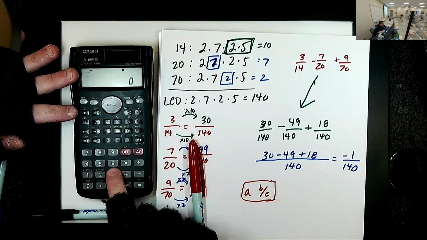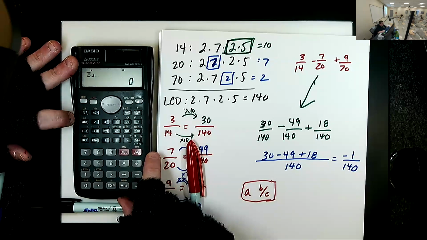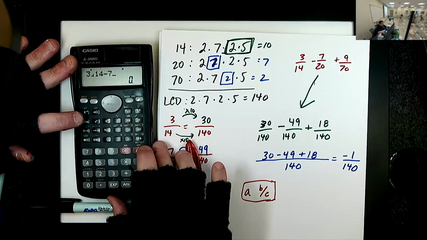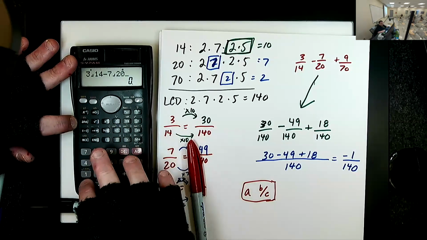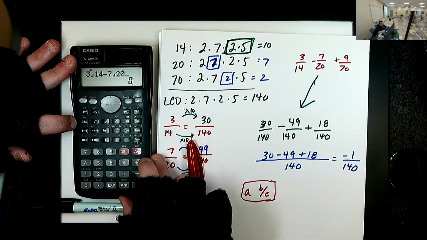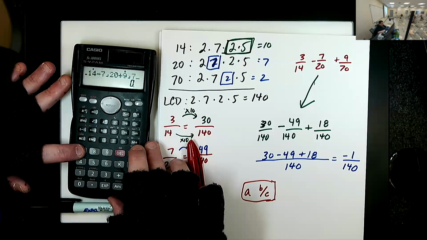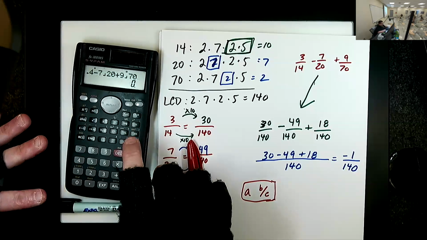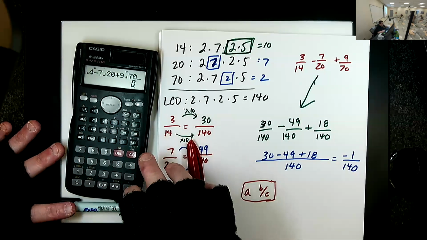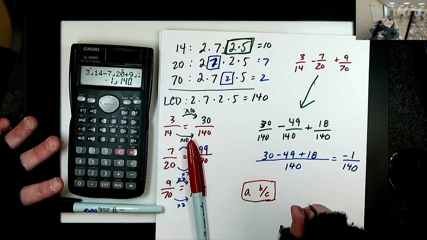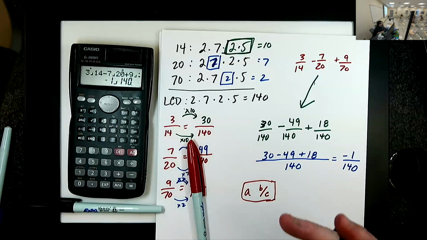And I will do 3 ABC 14 minus 7 ABC 20 plus 9 ABC 70. It does this little bracket in the lower right corner to show the fraction. And when I do it, it also gives me negative 1 over 140. So your calculator may have something similar, and that just sped all of that right up, didn't it?